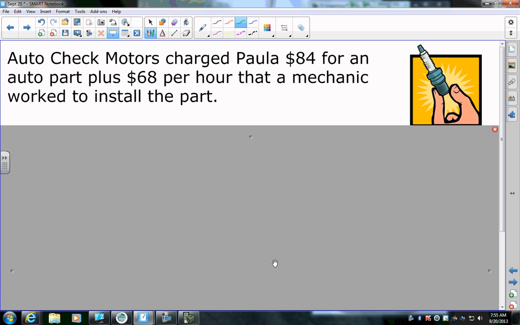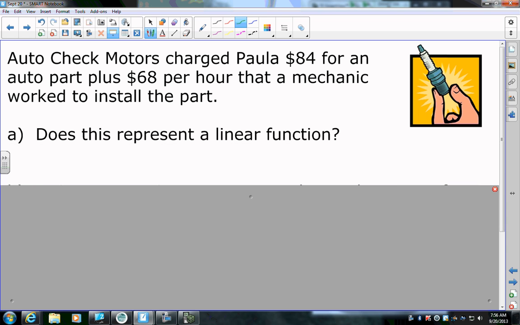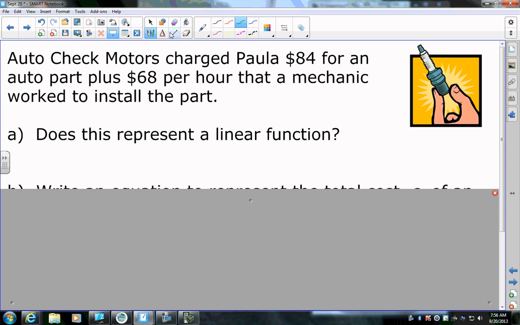Let's check on this one. It says Auto Check Motors charged Paula $84 for an auto part plus $68 an hour that the mechanic worked to install the part. Now it's asking us if this is a linear equation. Let's think about the two things it's talking about.